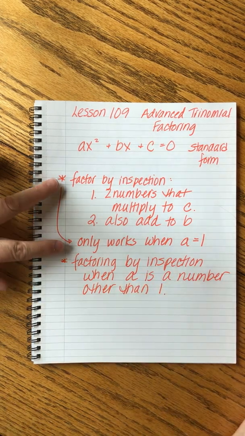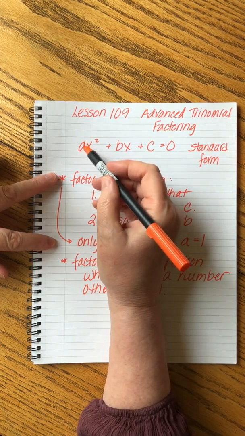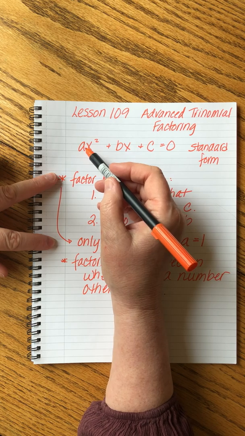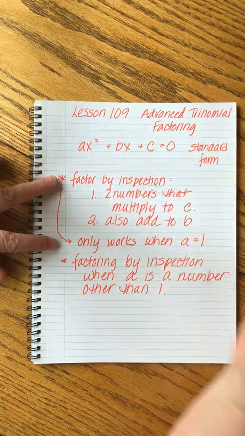Okay, so our previous process works when A is equal to 1 and there's no number out here. But now we're going to practice doing it where there is a number there. A is a number other than 1.